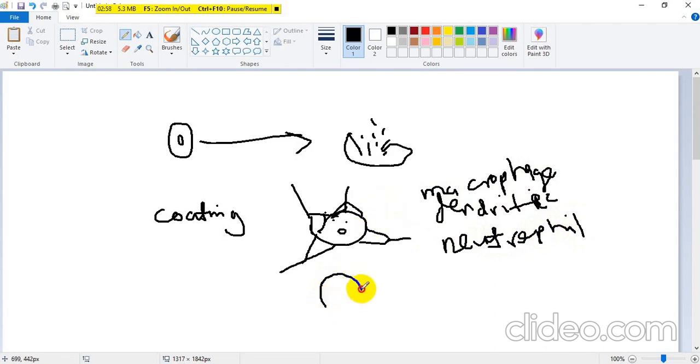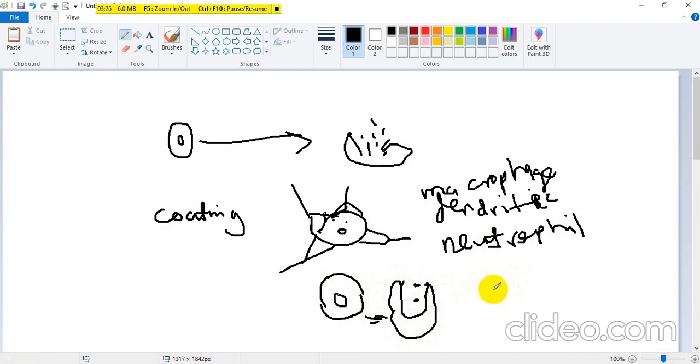Phagocytosis is like this. If this is a macrophage, then this is an infection. The macrophage will come, it will open its cell membrane around this, like this.